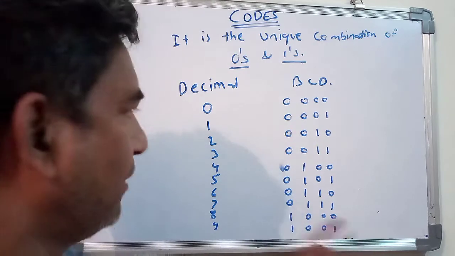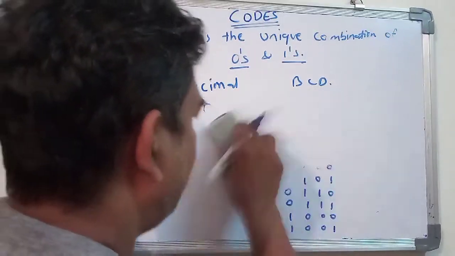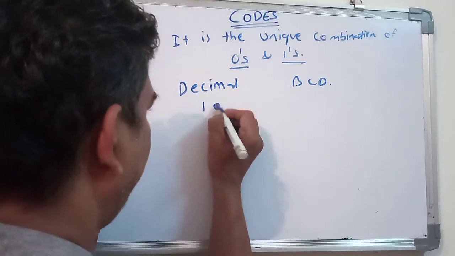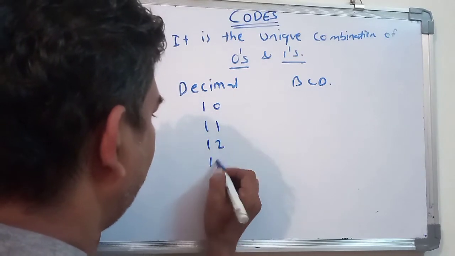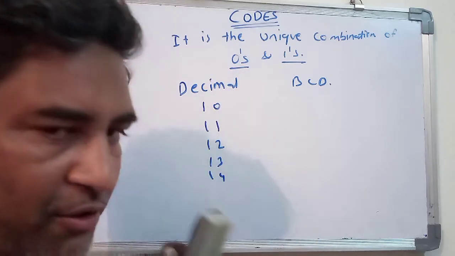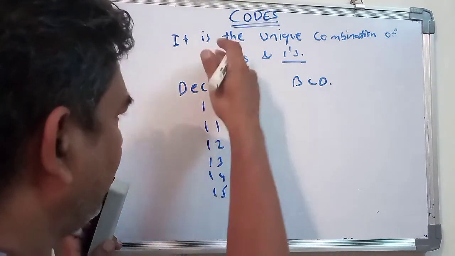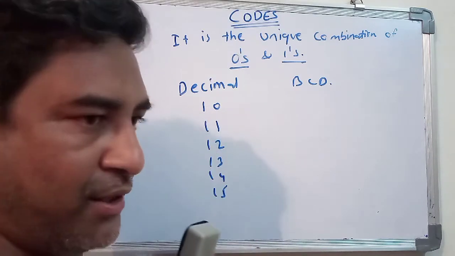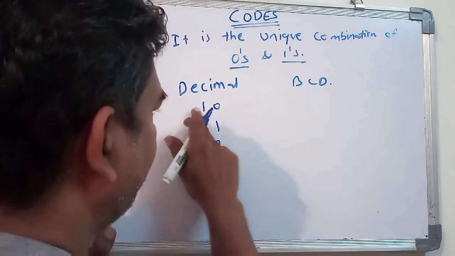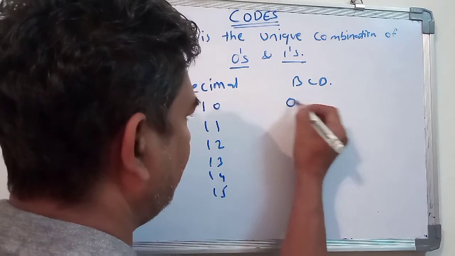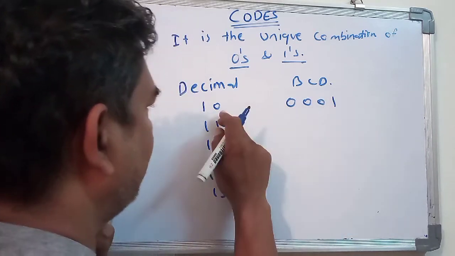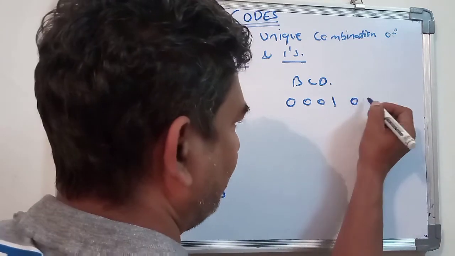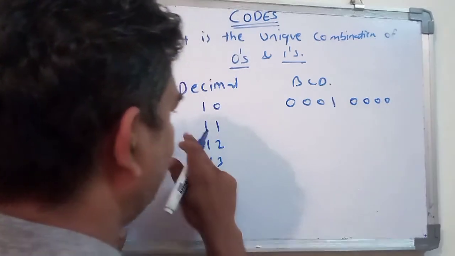Until now it is clear? Now suppose the numbers written after 9, that is 10, 11, 12, 13, 14. These are all numbers written in decimal format. So what you have to do is write each digit separately as 4 bits. The 1 is written as 0 0 0 1, and the 0 is written separately as 0 0 0 0.